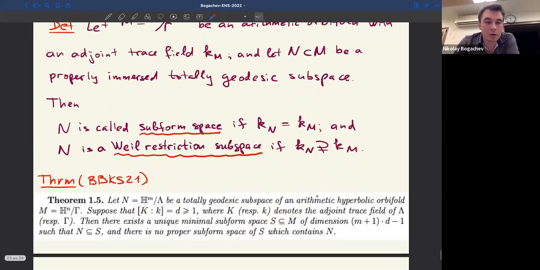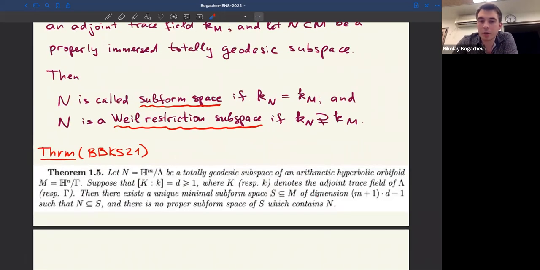The theorem in our paper states that for any properly immersed totally geodesic subspace of an arithmetic hyperbolic orbifold, so we have N sitting in our hyperbolic orbifold M, if we suppose that the joint trace field of the smaller orbifold has degree d over the small k, then we show that there exists a unique minimal subform space S containing N, such that there are no proper subform spaces of S containing our N.